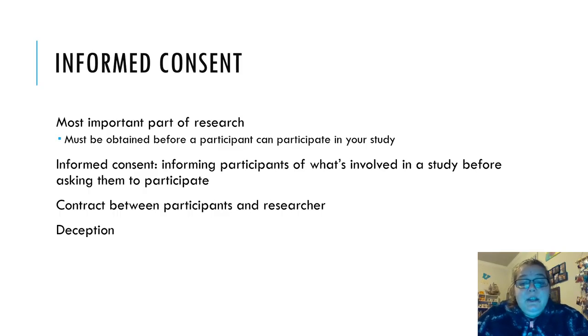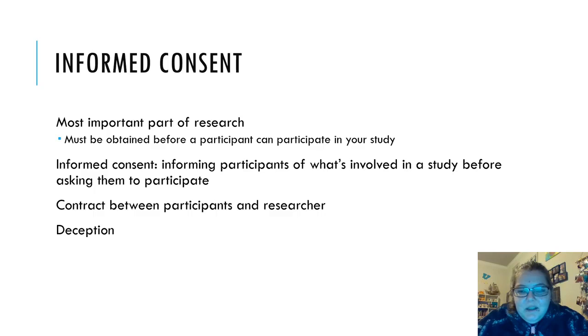So a touchier issue about this is the use of deception. If it's mild deception that will not cause them harm, for example, if you're studying prejudice and discrimination and you tell them, oh, we're studying your attitudes towards other people.